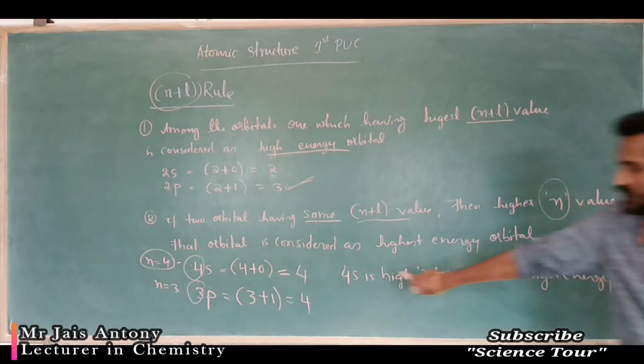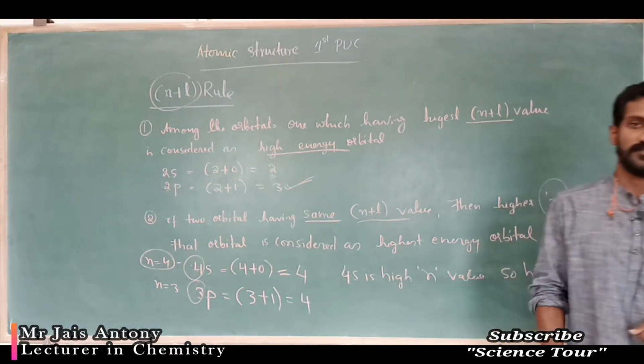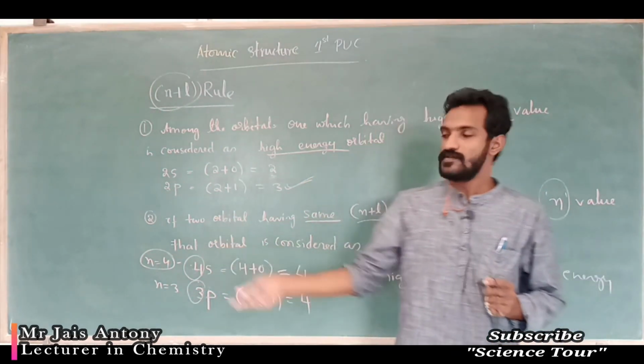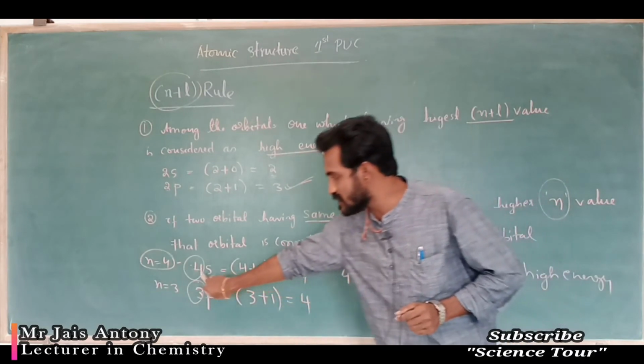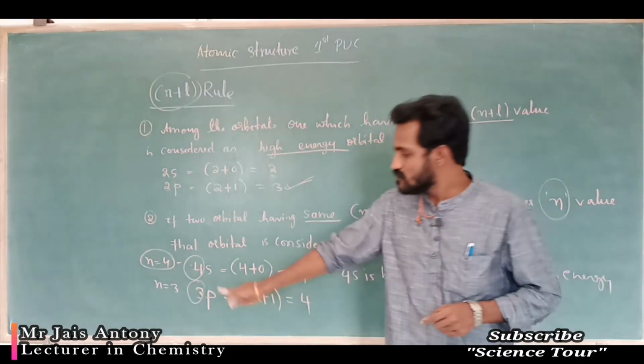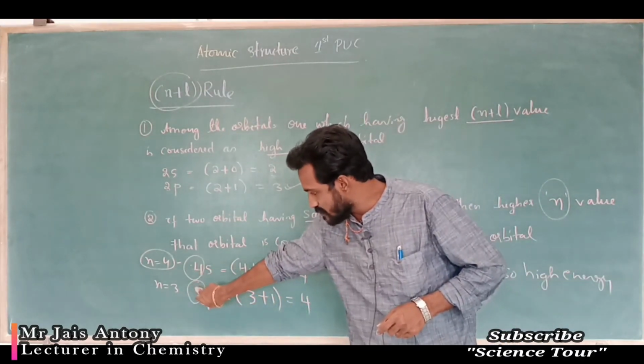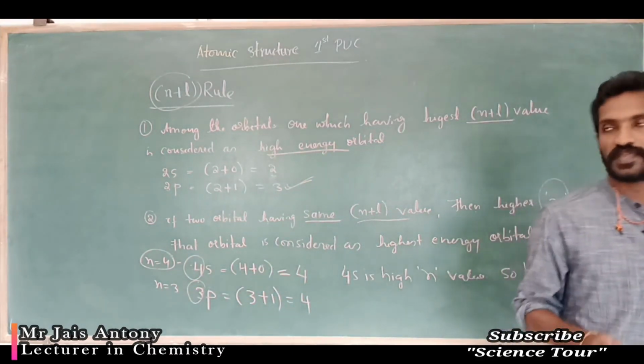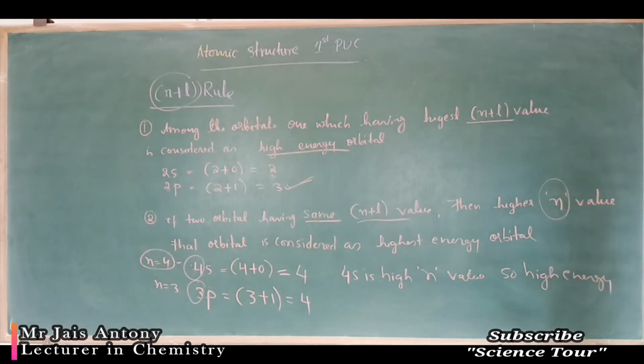That means for n value you consider 4 here and 3 here. So 3 is lower. If these two are the same, you have to consider this one and find out which one has the higher value. This is the highest value, so it is the highest energy. This is very important: n plus l.